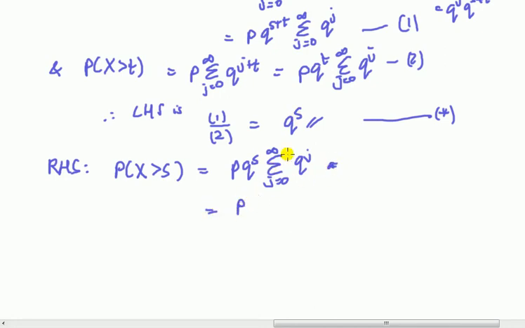This is an infinite geometric progression, and it works because q is less than 1. So this is going to be 1 over 1 minus q. But 1 minus q, 1 minus probability of failure, is the same as probability of success, in other words P. P's cancel. Call it double star. Star left hand side equals double star. Done.